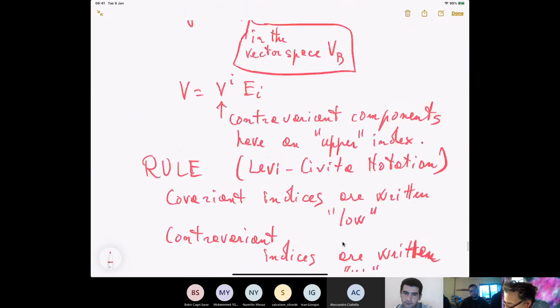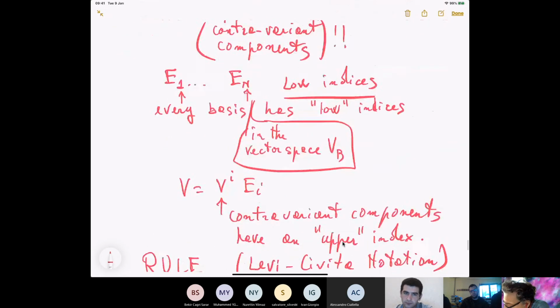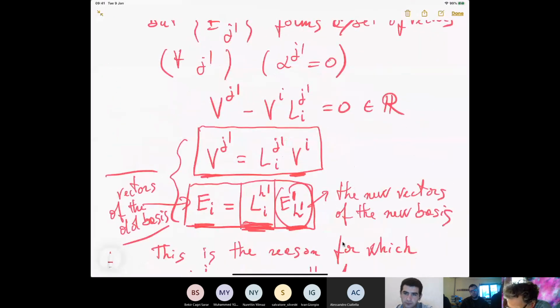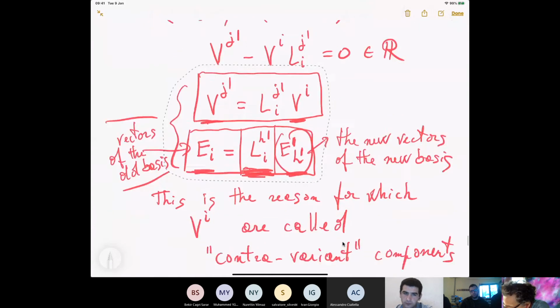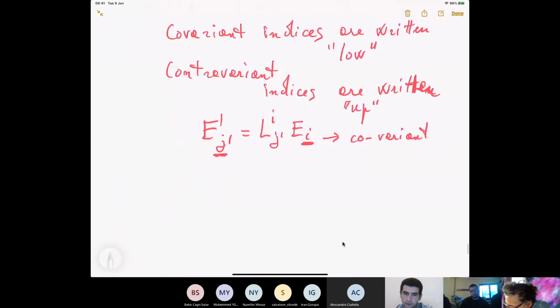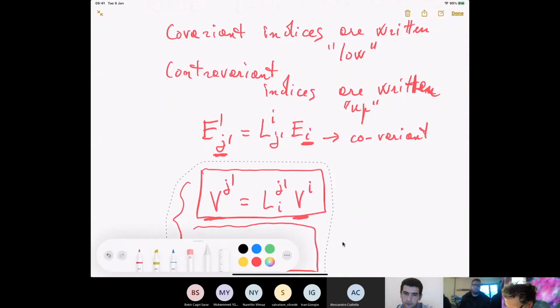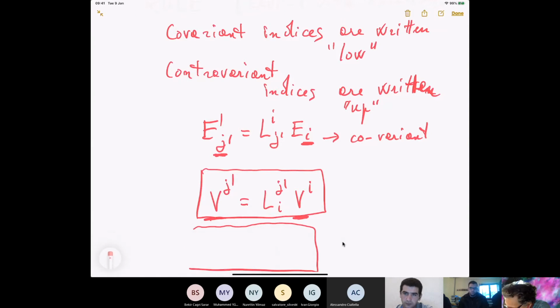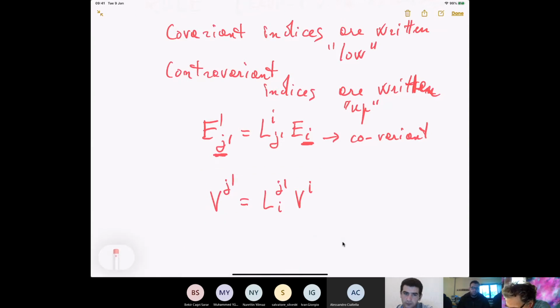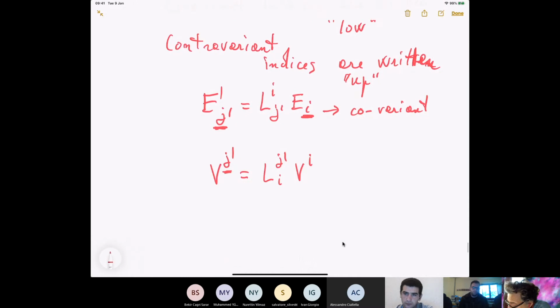While v^i, where it is, this formula which we have written here, v^j' is equal to L_j' i v^i.